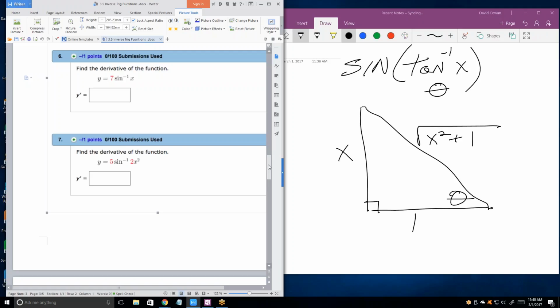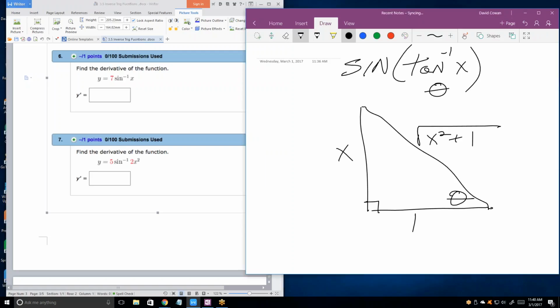So theta is always going to be a first quadrant angle if that's a positive number. If that's a negative number, then theta becomes a fourth quadrant angle, and then you're going to be taking the sine of a fourth quadrant angle. So when you take the sine of it, you better come up with negative because you're in the fourth quadrant. So it gets a little tougher when you have negative arguments.